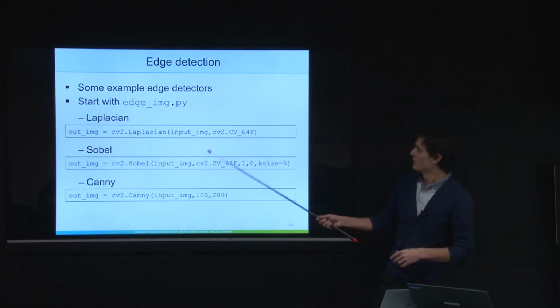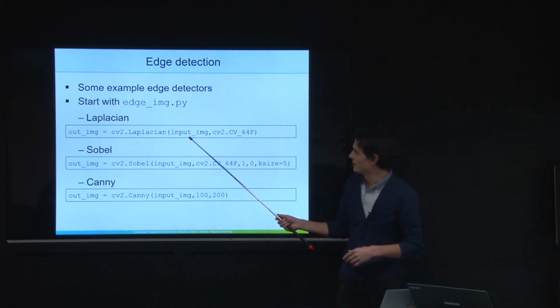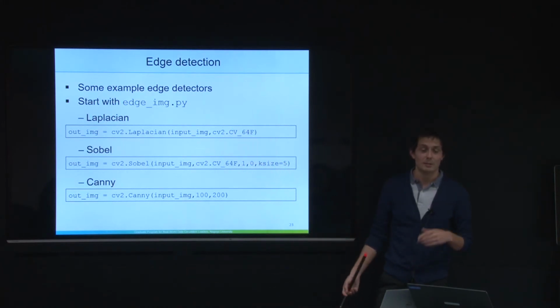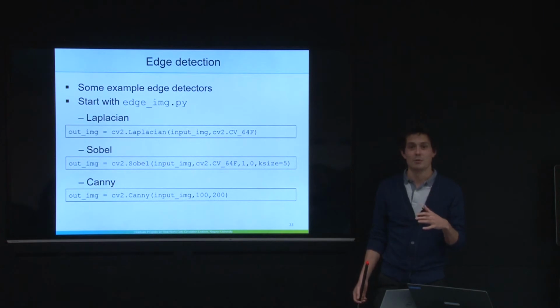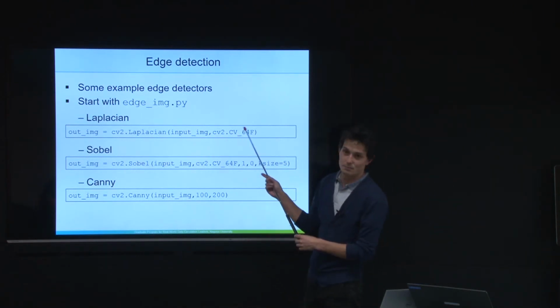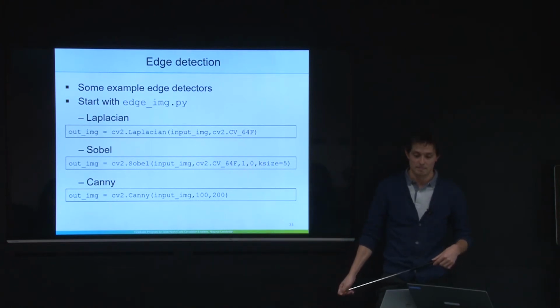But this is a 64-bit floating point number. That's what this input is. Now, you could put in something else. You could put in a 32-bit floating point number, but they tend to clip when you do that. You won't get quite the same results. This stores as much resolution as you can for the operator.